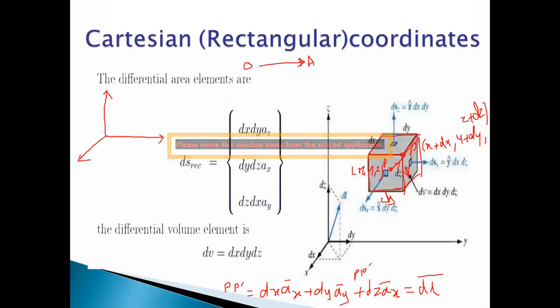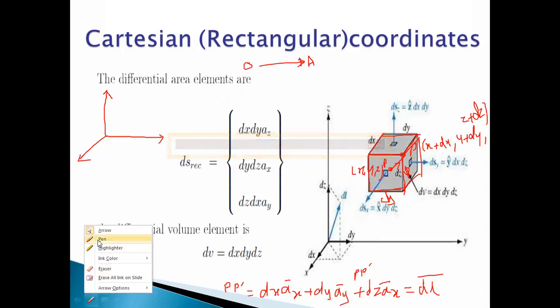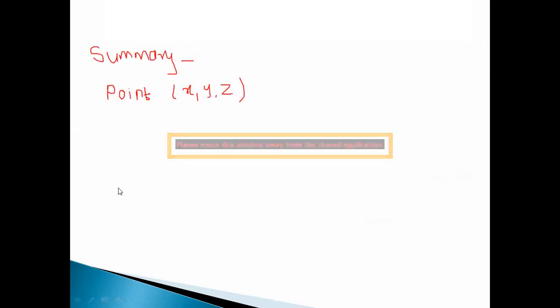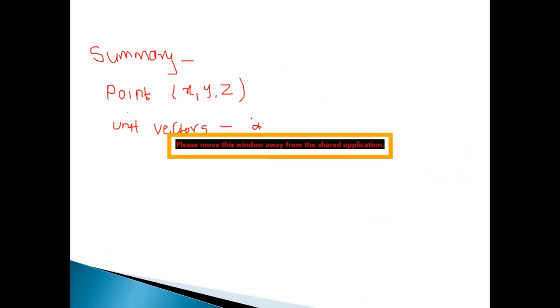The unit vector in the direction of x is represented as a bar x, the unit vector in the direction of y is a bar y, and the unit vector in the direction of z is a bar z.